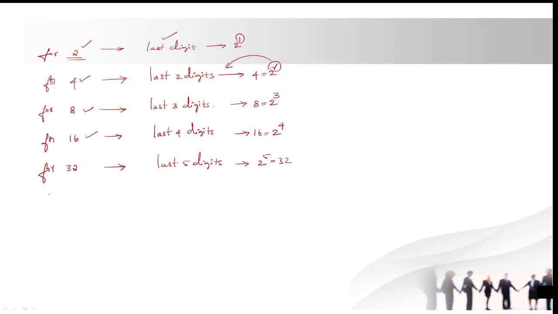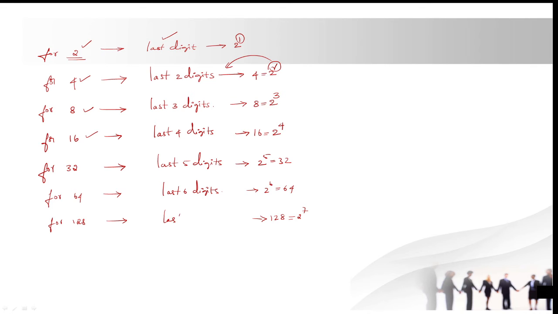Simple logic. And tell me for 64, how to write 64? 2 power 6. It means that we need to check only the last 6 digits. For 128, how to write 128? That is 2 power 7.